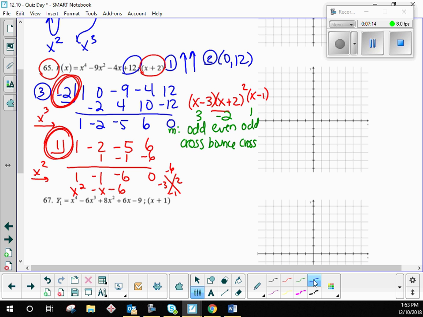So putting all of this together, our end behavior is going to go up, up. So I'm going to just put those there to remind myself. I have a y-intercept at 0, 12, which is somewhere up here. A 0 at 3, 1, and negative 2. Now that step 4 is an optional step for when it's necessary.